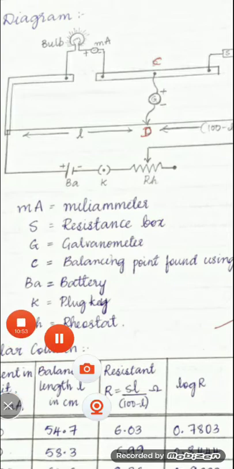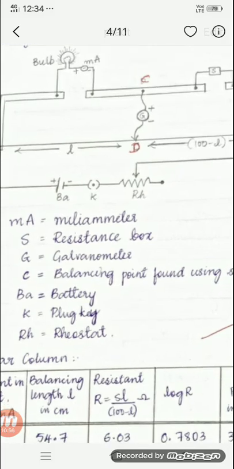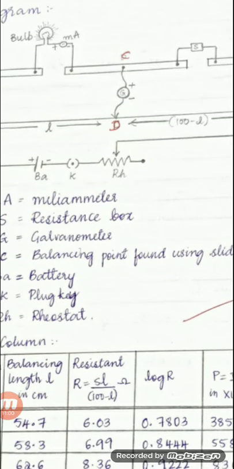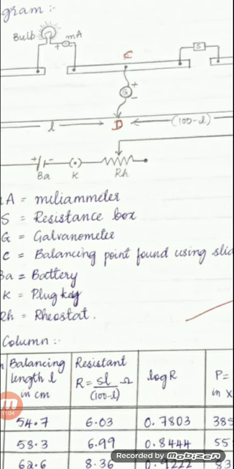Initially a suitable resistance, that is S, capital S, as you can see, is known. In that S you are going to unplug a suitable resistance, for example sometimes 5 ohm or 6 ohm, depending upon the glowing of the bulb.